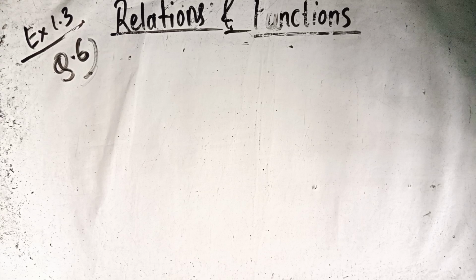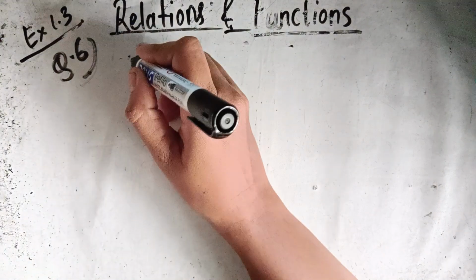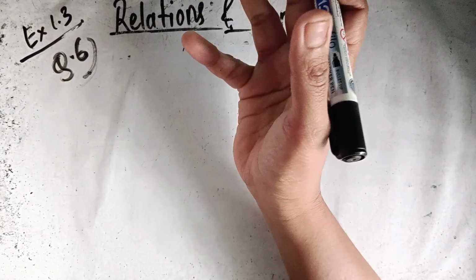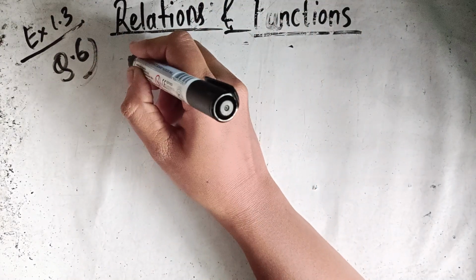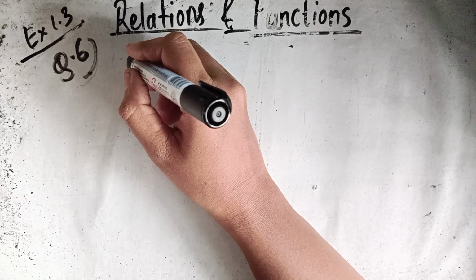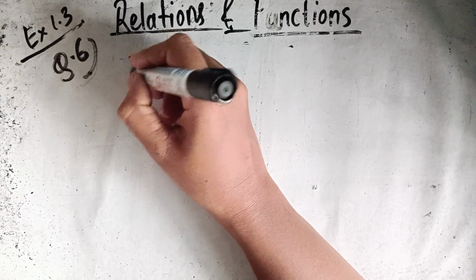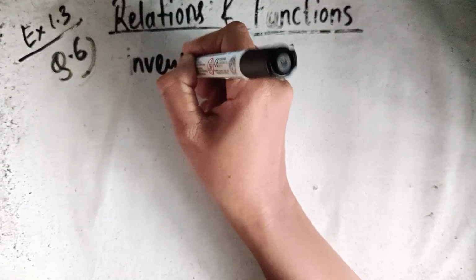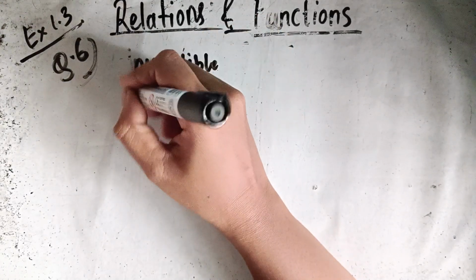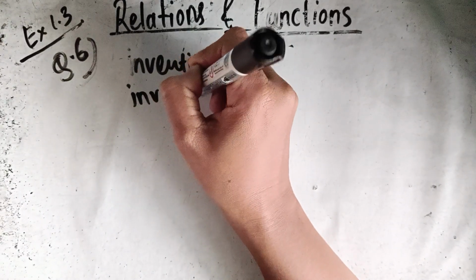Range of f means the full y set they have given, so that has to be onto. That is clear. Now, one-one and onto, so the function is bijective. So we can say that it is invertible, so the inverse exists.